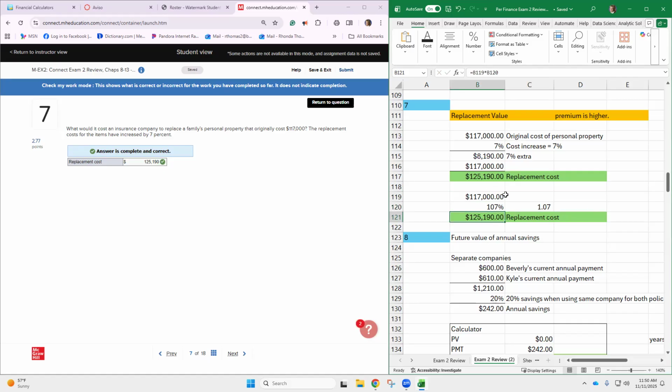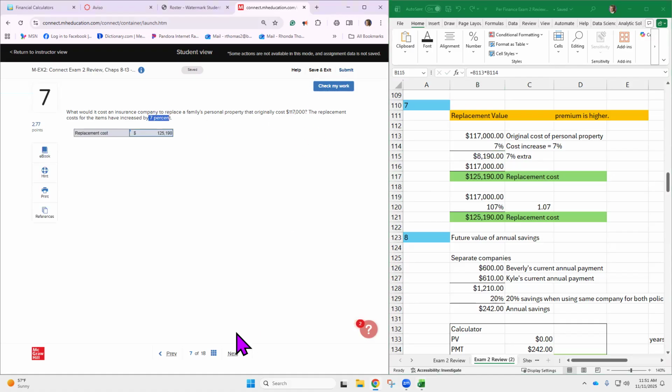You can either add the increase. Now, if they were to ask what that extra 7% is, this would be the only way you could do it. You'd have to put that down. But this is supposed to represent inflation or the economy's price increase.